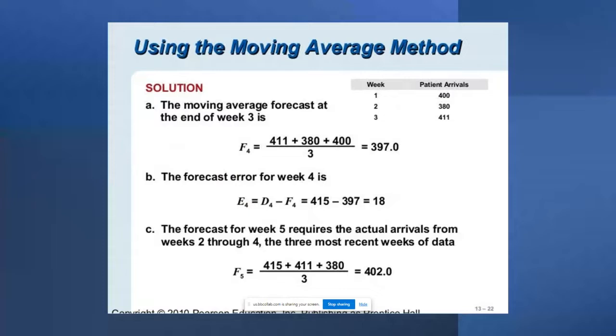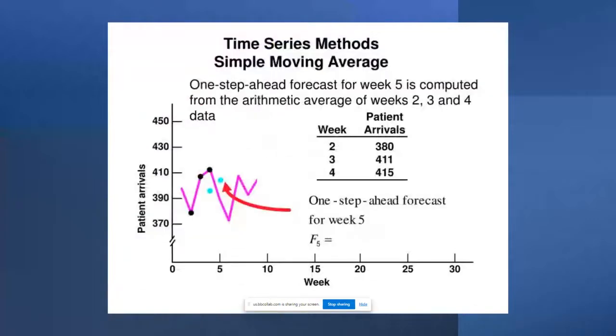If we want to make a forecast using simple moving averages for week 5, then we're going to take the data for weeks 2, 3, and 4. Remember that week 4, the number of patient arrivals was 415. So the forecast for week 5 is 402 patient arrivals.